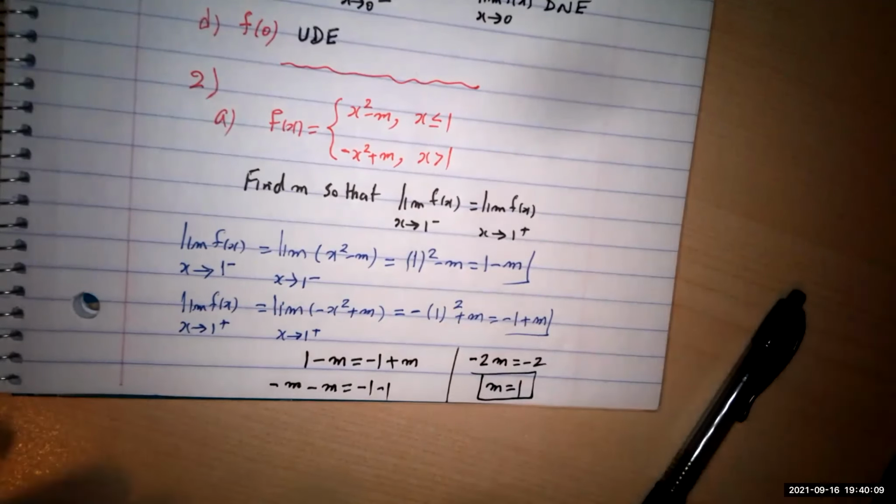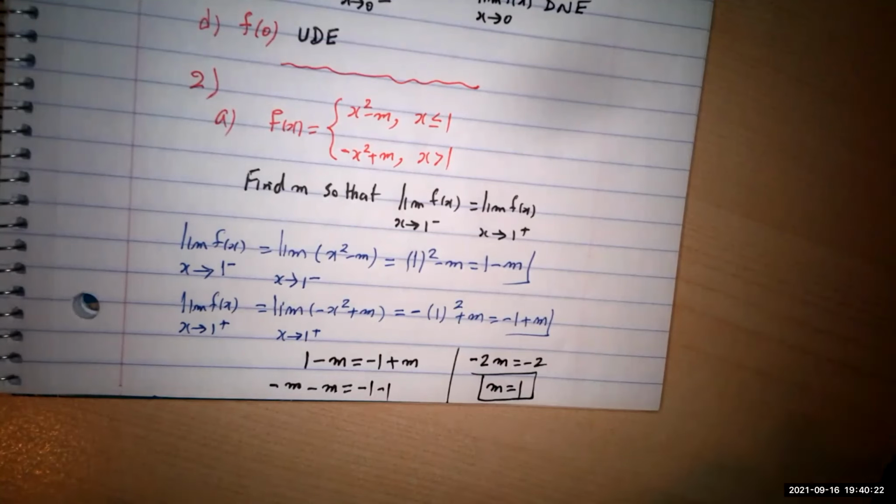Why wouldn't it be 1 minus negative 1? Which part? Because you did negative m. I subtract the m here, so that gives me negative m minus m. And over here, I subtract the 1, negative 1 minus 1.